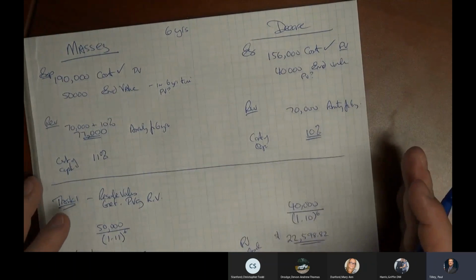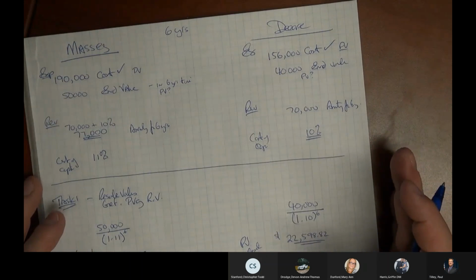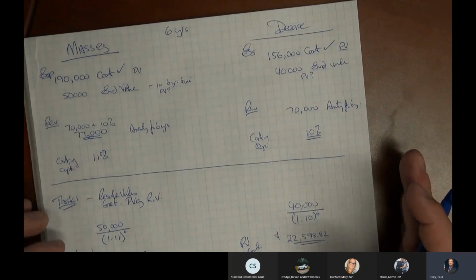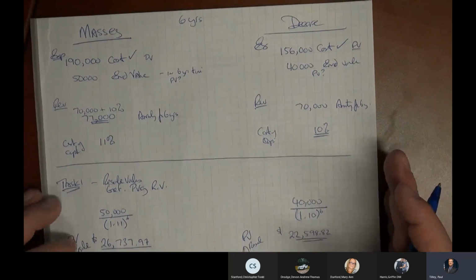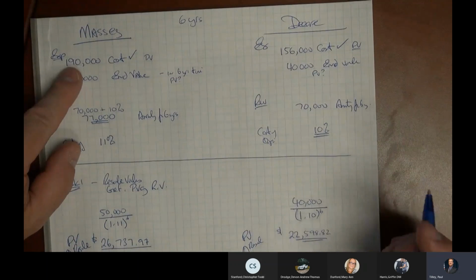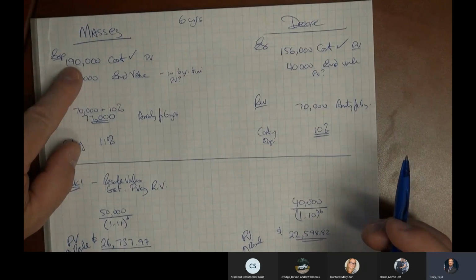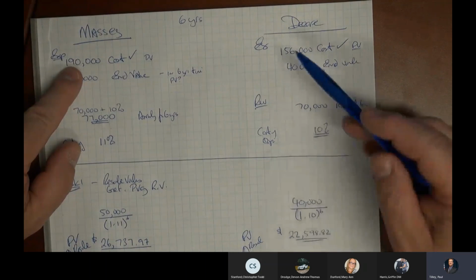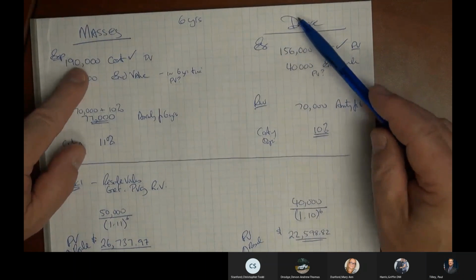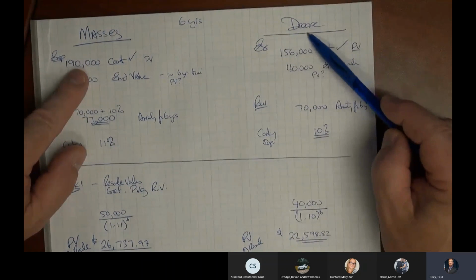I want to find out right now what the value is of the things that are happening with this tractor. In the first instance, we have to put $190,000 out right now to buy it, or $156,000 out right now to buy it, depending on which tractor we buy. The Deere is a lot less expensive.